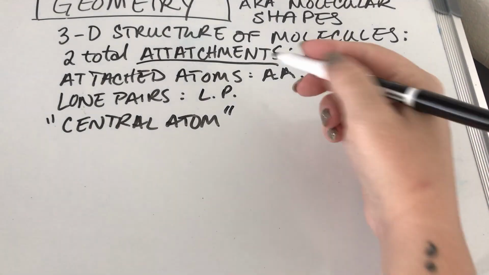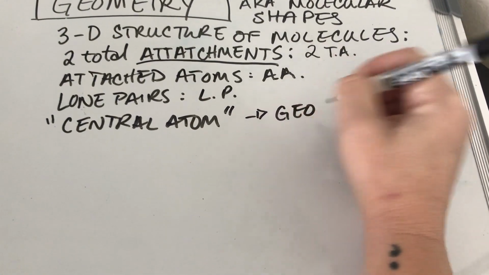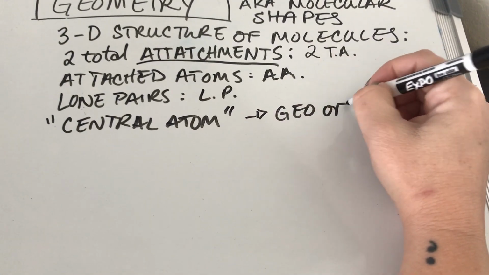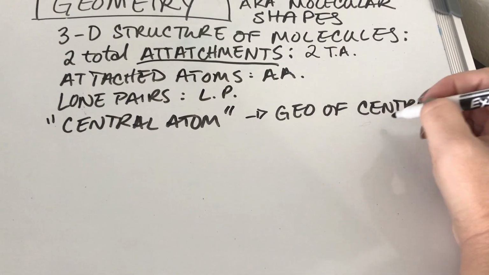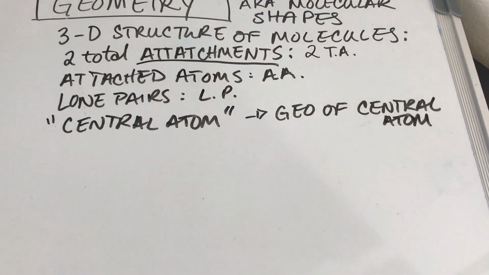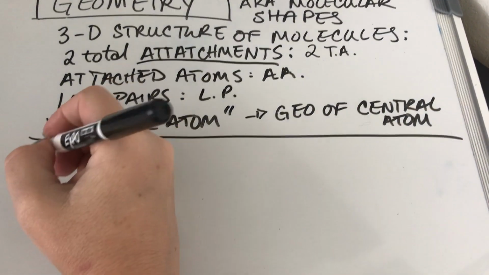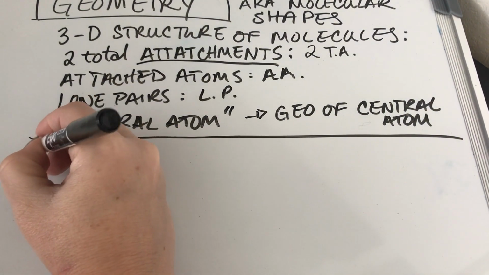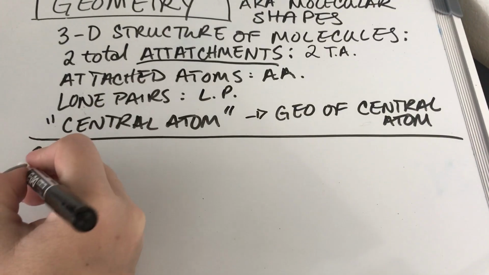So when we're talking about the geometry, we're talking about the geometry of the central atom, okay? The simplest kind of molecule that we can have would have 2 total attachments.